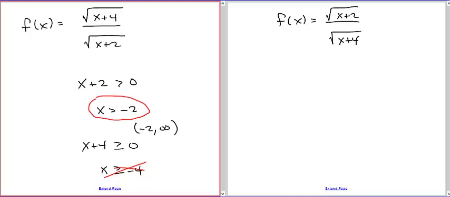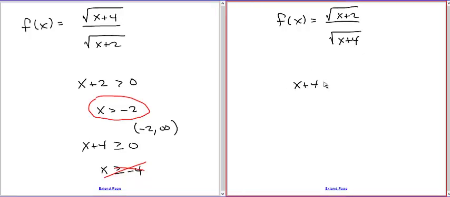Now over here, for the denominator, x plus 4 has to be greater than 0, so x has to be greater than -4. And the second part is x plus 2 has to be greater than or equal to 0, because that's in the numerator. So you get x is greater than or equal to -2.